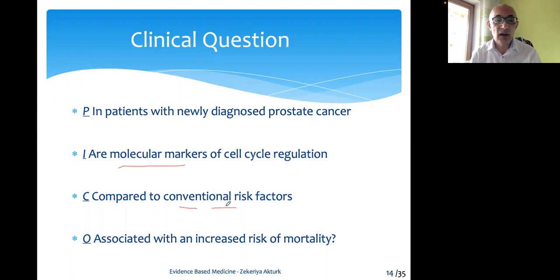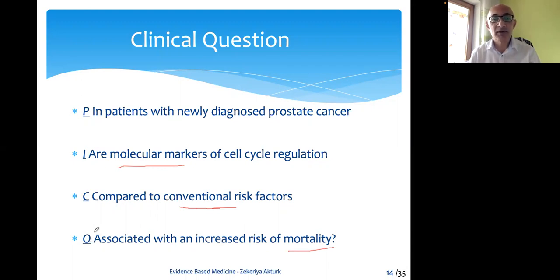So if you have positive molecular markers, which are rather new in comparison to the conventional risk factors, are they useful to predict the mortality of my patients with prostate cancer?